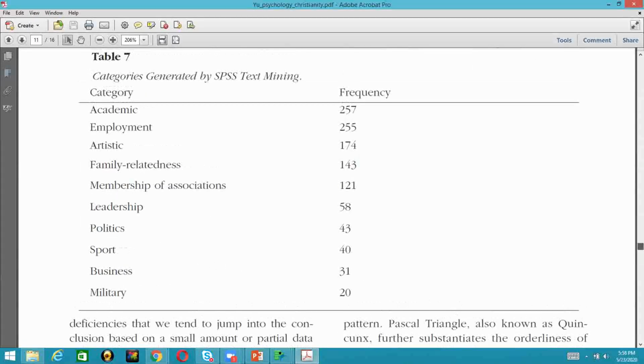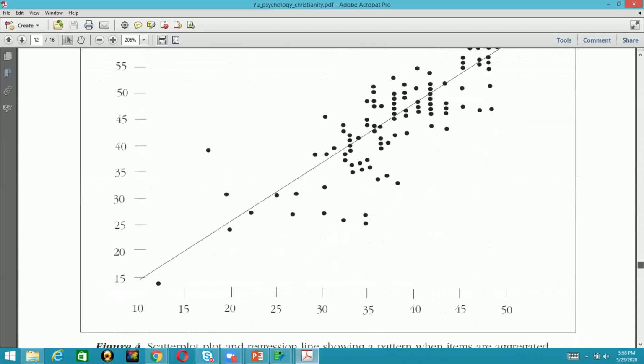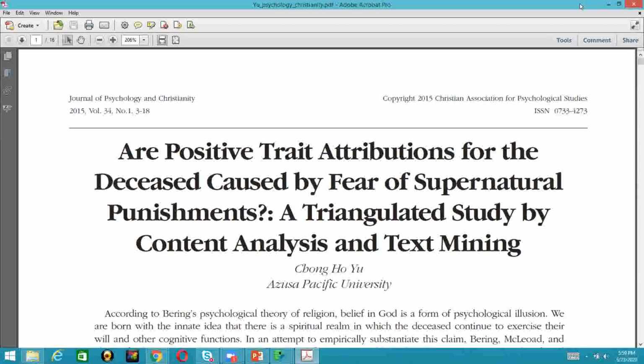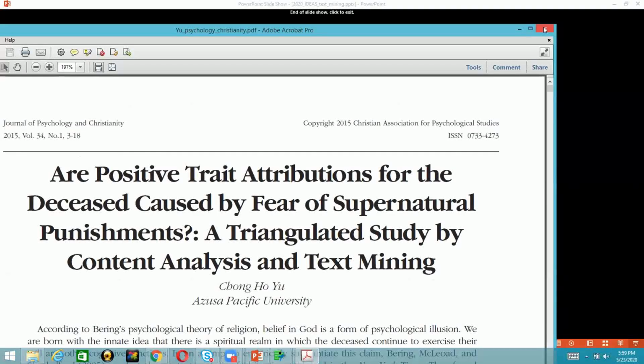I have several papers. I don't have time to show you all of them, but in some papers I also show the MDS, the hierarchical clustering, and so on.